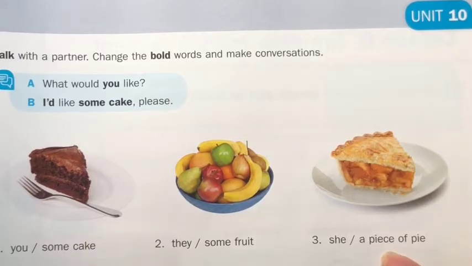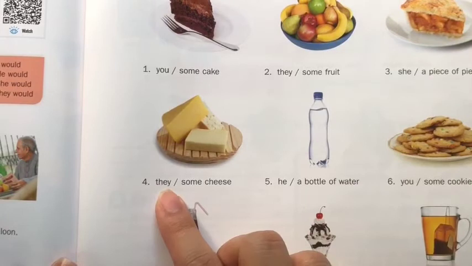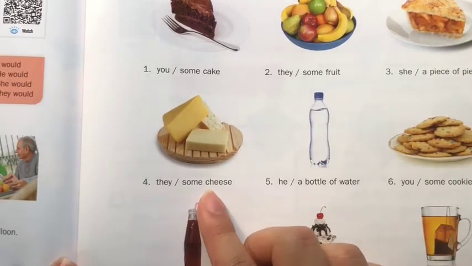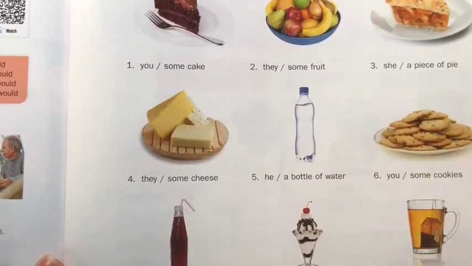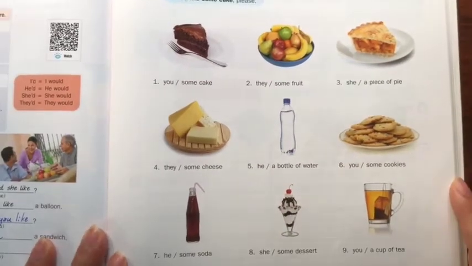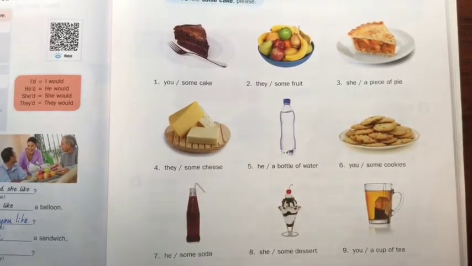She'd like a piece of pie. Number 4, what would they like? They'd like some cheese. Number 5, what would he like? He'd like a bottle of water.